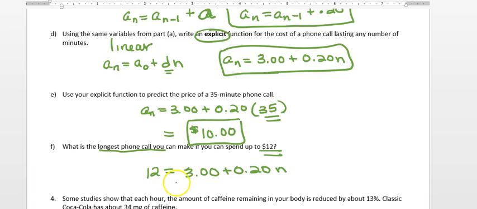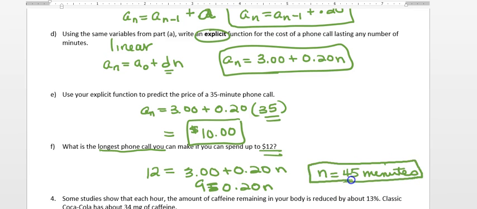So you do that by subtracting 3, and so 9 is equal to 0.20n, and then divide by the 20 cents, and you should get that n is equal to 45 minutes. So what that means is you can make a 45-minute call with your $12, and that is your linear function.